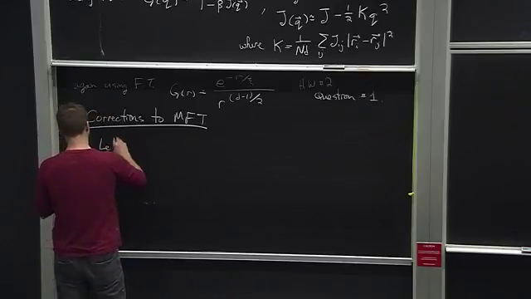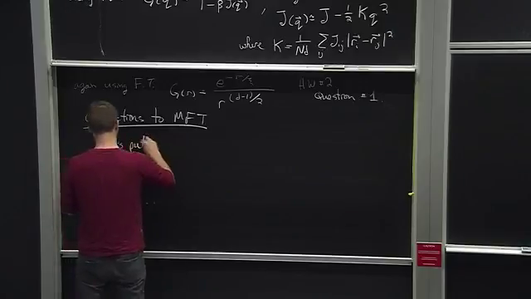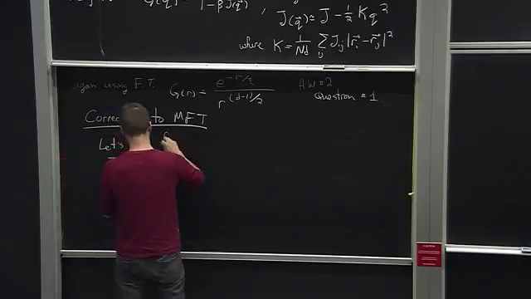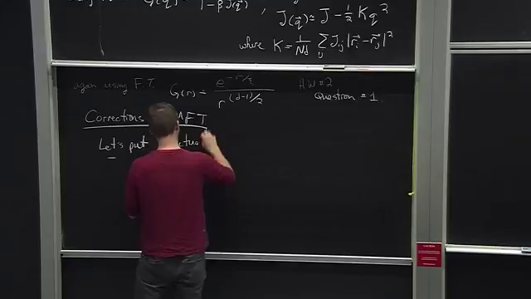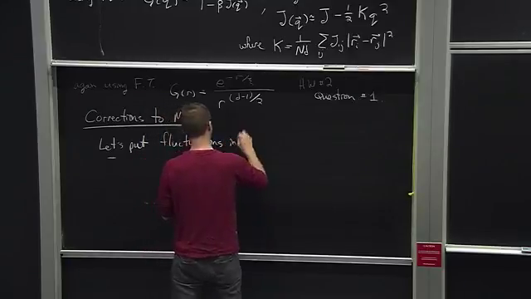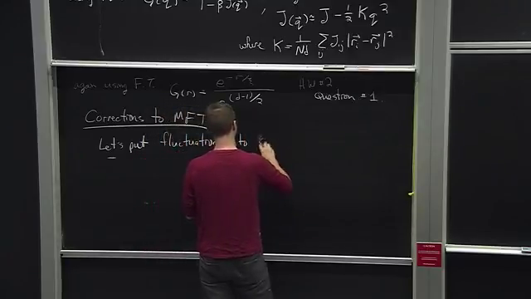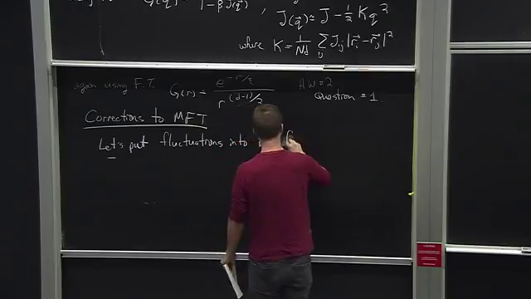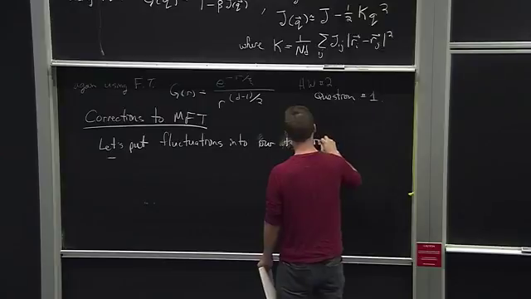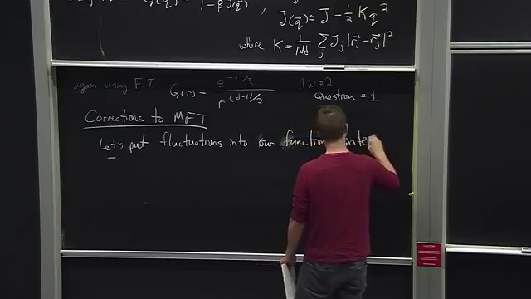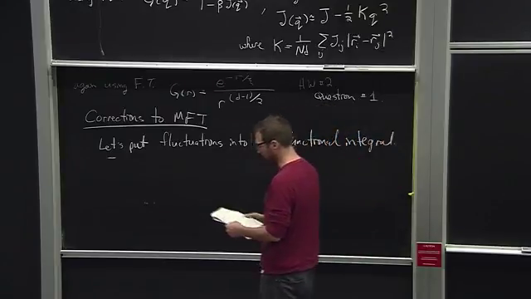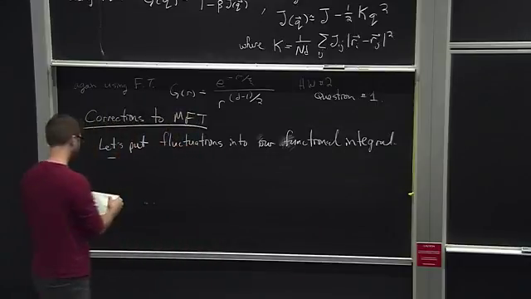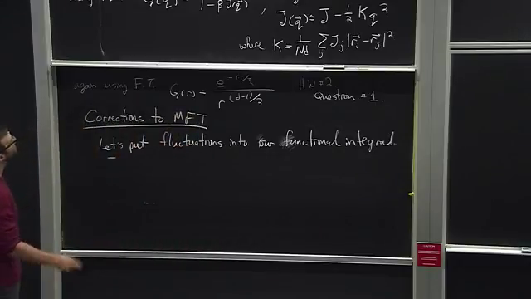So you should be thinking, how would you do this? Well, you have an action there. You have a mean field solution to that action.